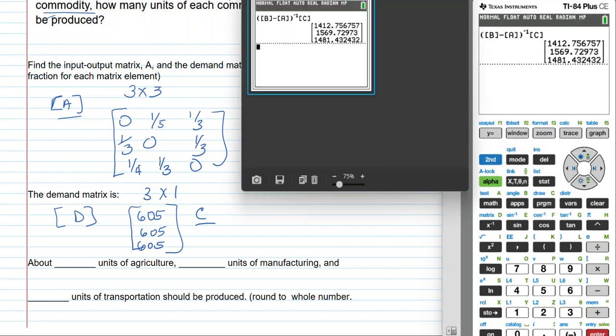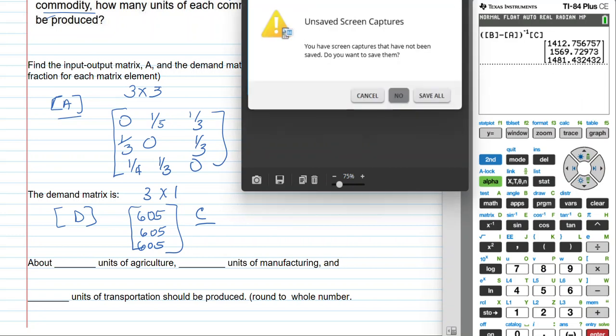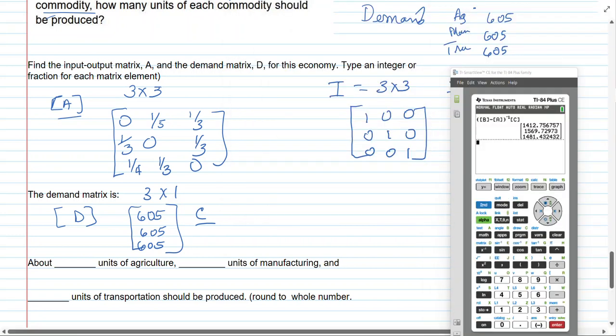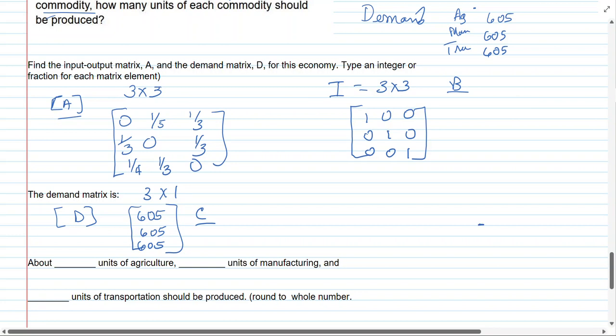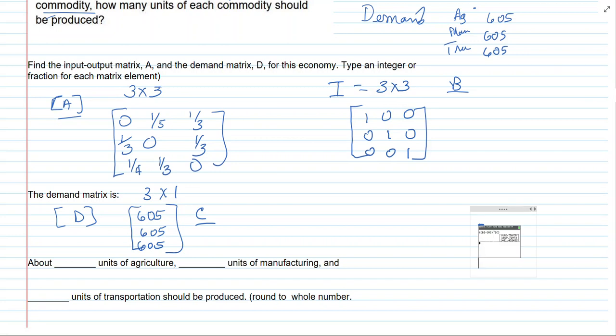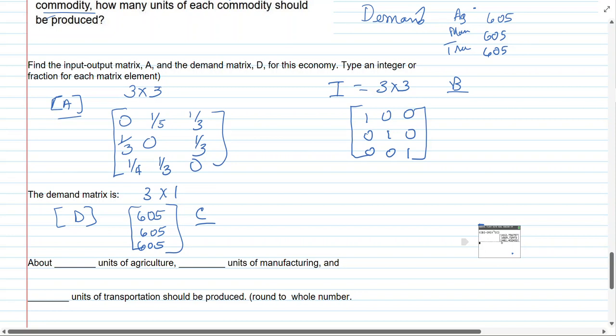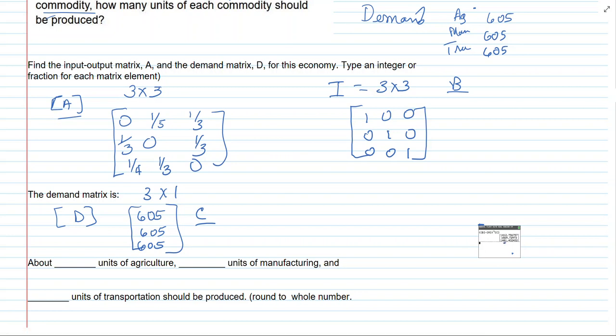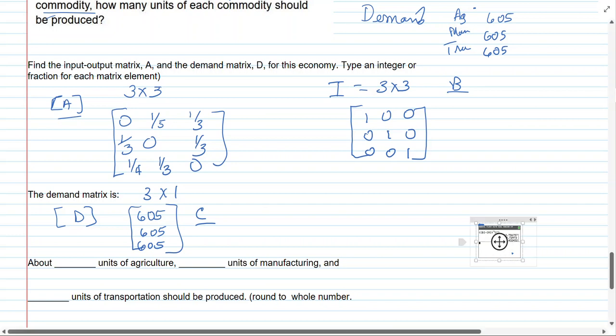Place it right there. Oops, kind of small. Hold on. This illness has me crazy. Oh, look at what I've done.